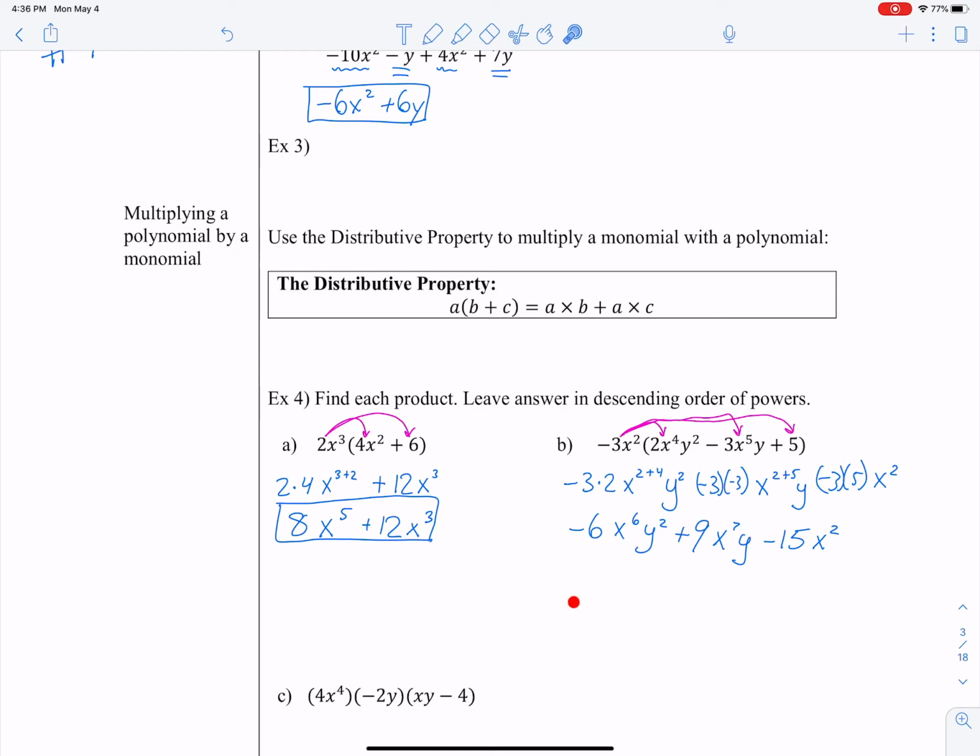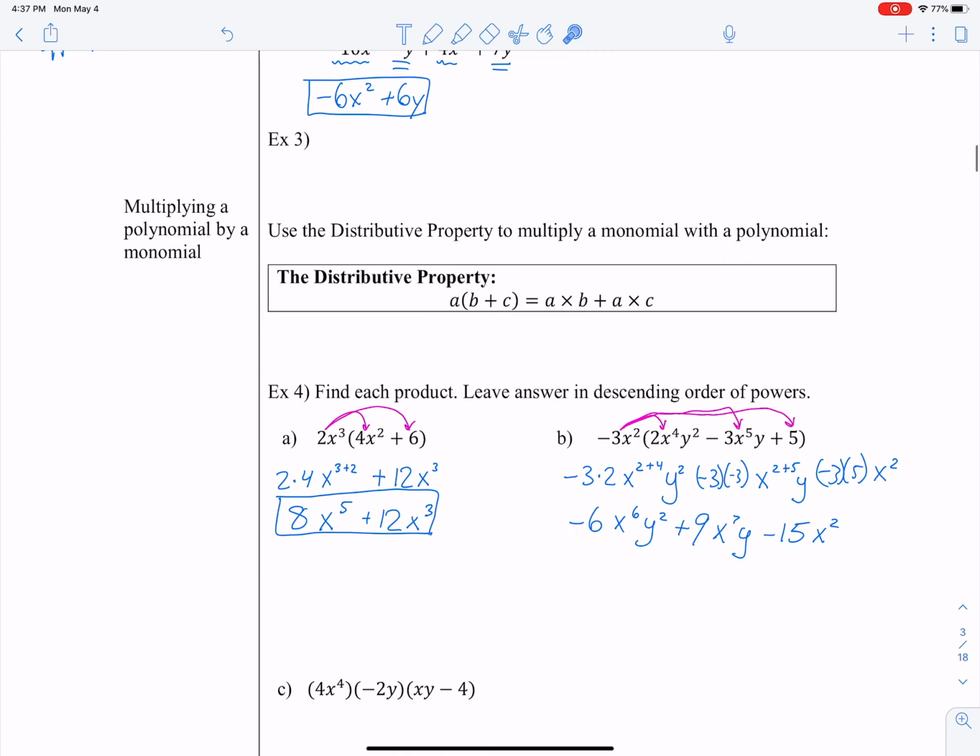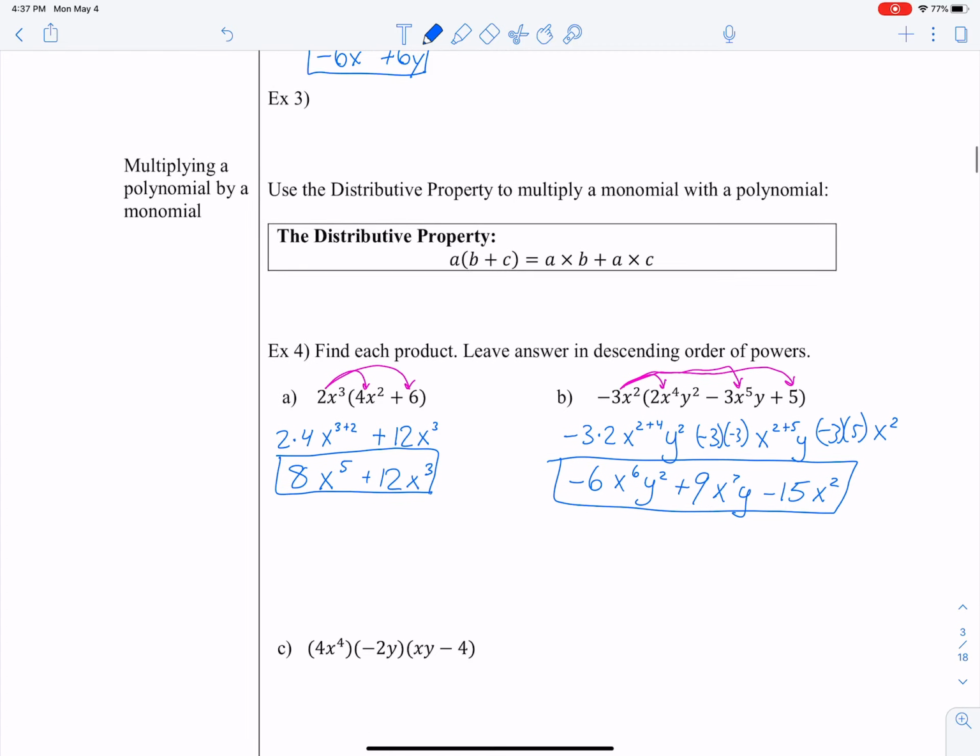You would write 9x to the 7, y to the 2, minus 6x to the 6, and you keep going in descending order of power. So if this had the higher power, then you would put it first. But in this case it doesn't. There's no completely identical like terms we can combine. So that's our final answer for that question.